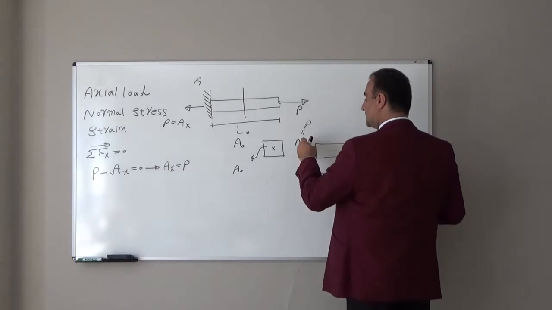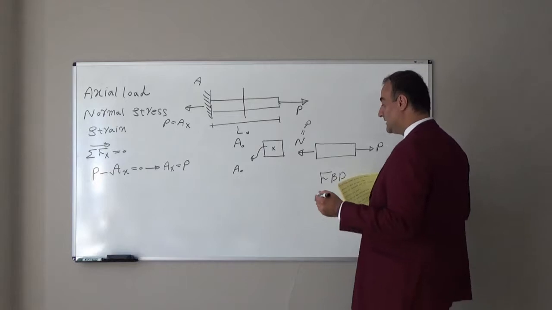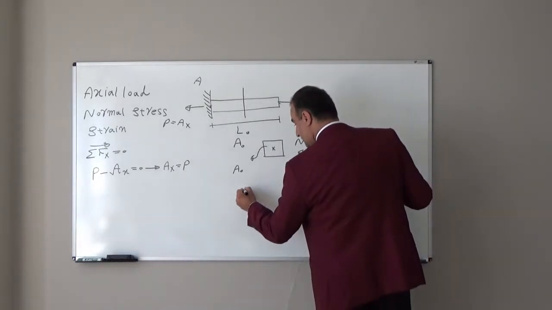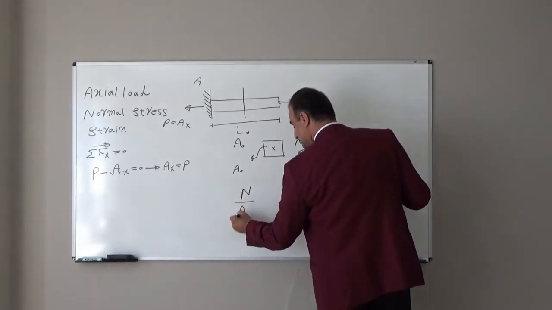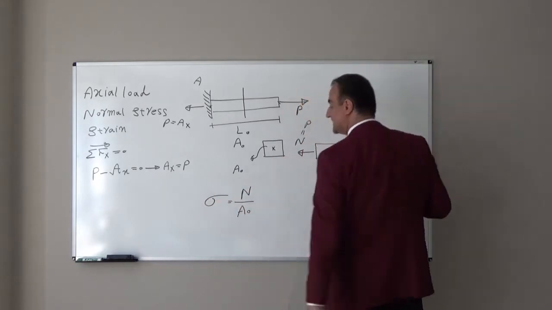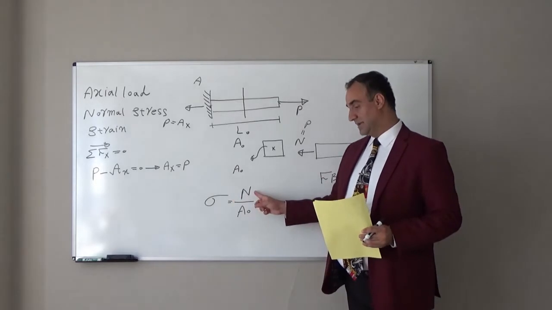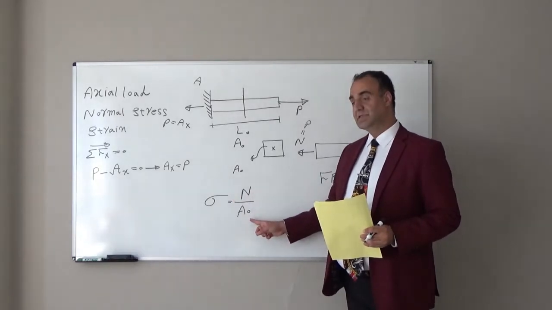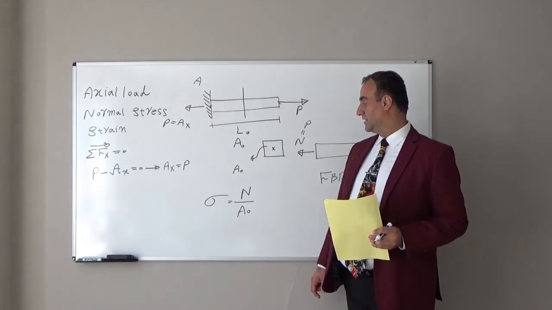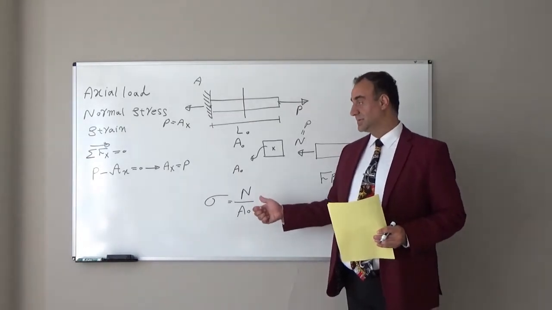This axial load I can show in another way. If I divide that axial load by the initial cross-sectional area, A naught, I can show it with sigma, lowercase sigma. Internal axial load divided by initial cross-sectional area, we call this normal stress. Pay attention.